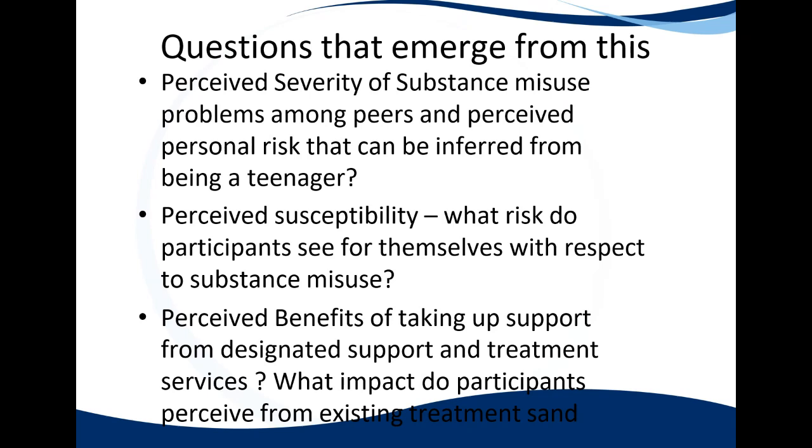What can be inferred from being a teenager? Perceived susceptibility, what risks do participants see for themselves with respect to substance abuse, and perceived benefits of taking up support from designated support and treatment services. What impact do participants perceive from the existing treatments?